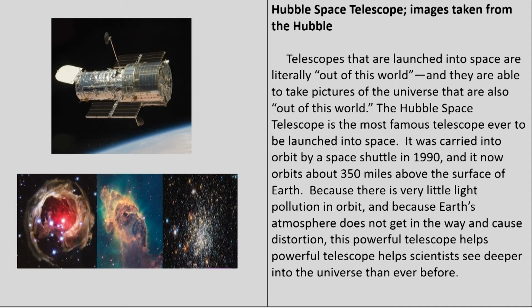The Hubble Space Telescope is the most famous telescope ever to be launched into space. It was carried into orbit by a space shuttle in 1990, and it now orbits about 350 miles above the surface of Earth. Because there is very little light pollution in orbit, and because Earth's atmosphere does not get in the way and cause distortion, this powerful telescope helps scientists see deeper into the universe than ever before.